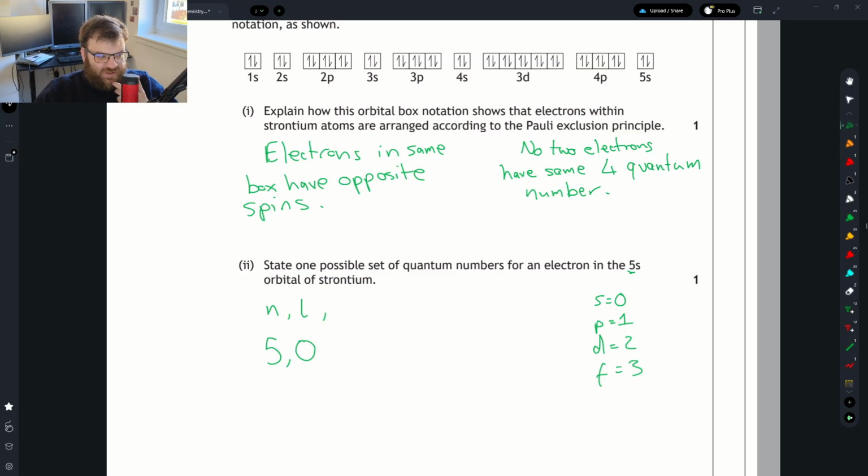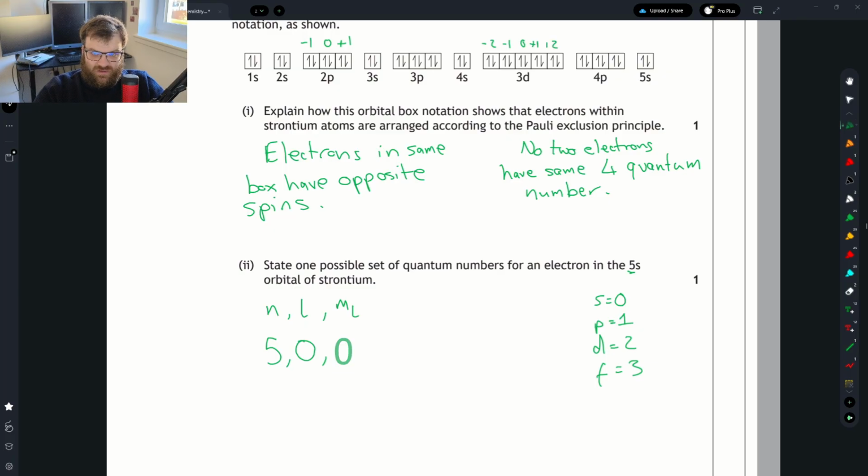Next one is to do with which particular box we are describing. So this is m_l. If you look at s, there's only one box in each of the s subshells, so we only have the option of 0 for this one. If it was p, you would have -1, 0, or +1. And if it was d, you would have -2, -1, 0, +1, +2.